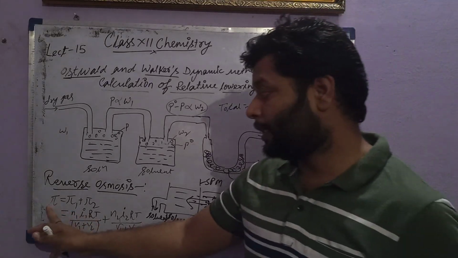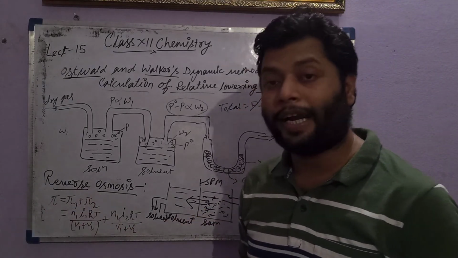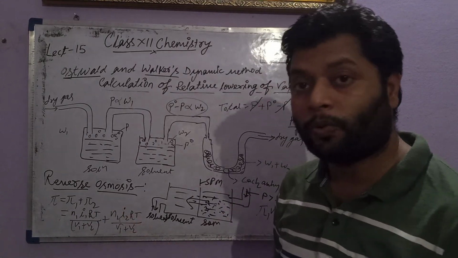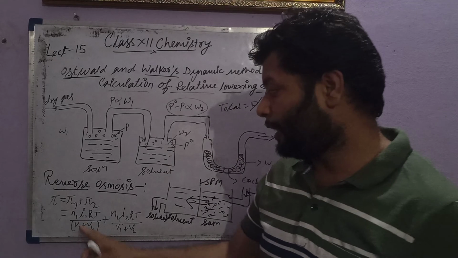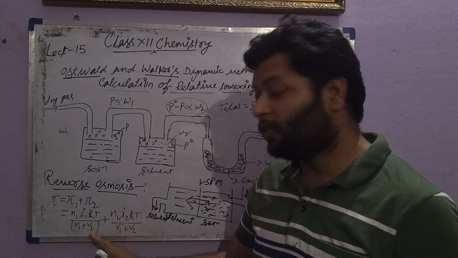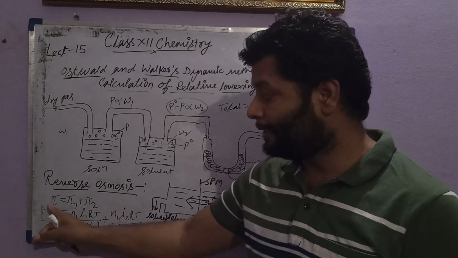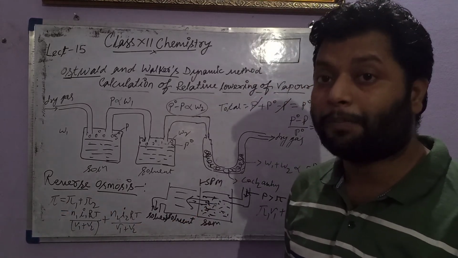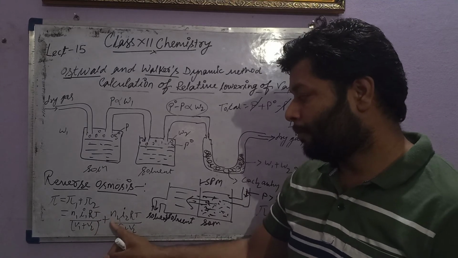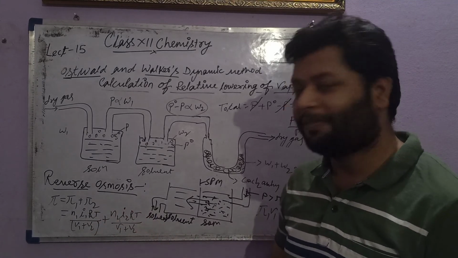So this is about when two different solutions having different solutes with numbers of moles N1 and N2, Van't Hoff factors i1 and i2, and the same temperature, with volumes V1 and V2, are mixed. Then the resultant osmotic pressure pi equals N1 i1 RT upon V1 plus V2, plus N2 i2 RT upon V1 plus V2.